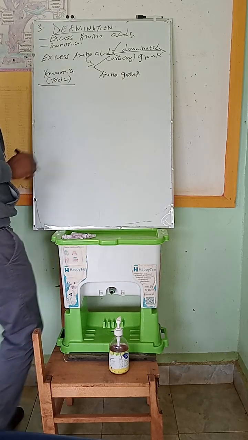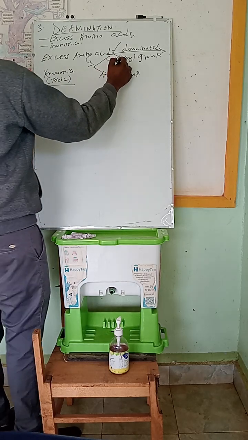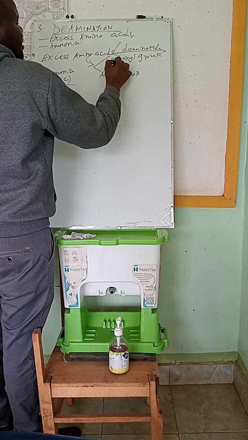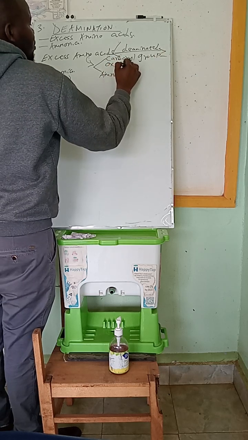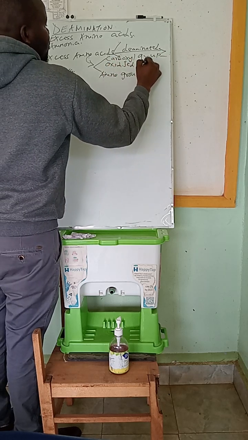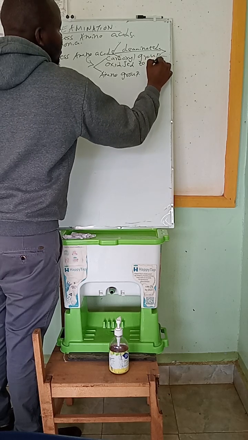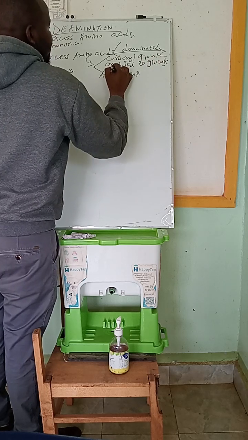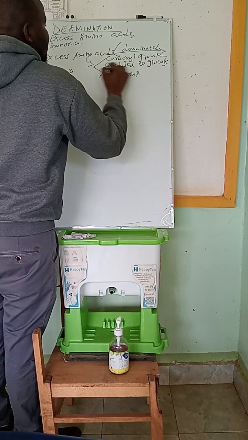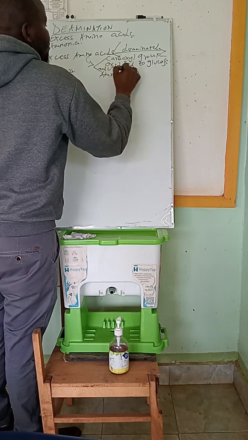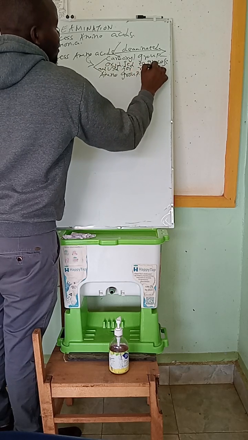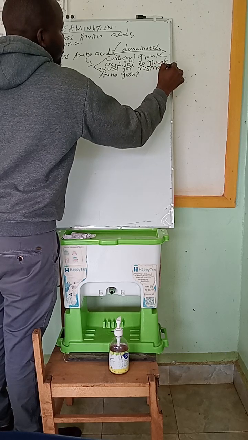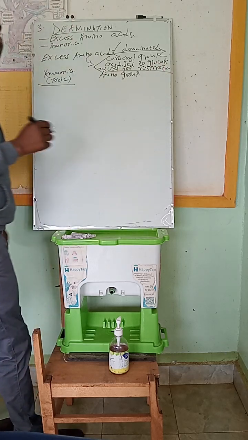Let's see how we got this ammonia. The carboxyl group will be oxidized to release glucose and used for respiration. That is the first one.